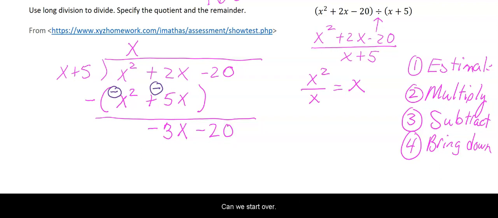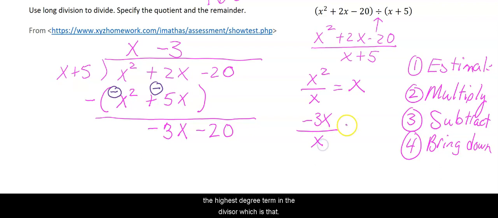Now we start over. What would I multiply x by to get minus 3x? I would need to multiply by a negative 3. Again, the estimate step with polynomials is not really a guess. You can compute it. Take the highest, which is minus 3x, and divide by the highest degree term in the divisor, which is x.